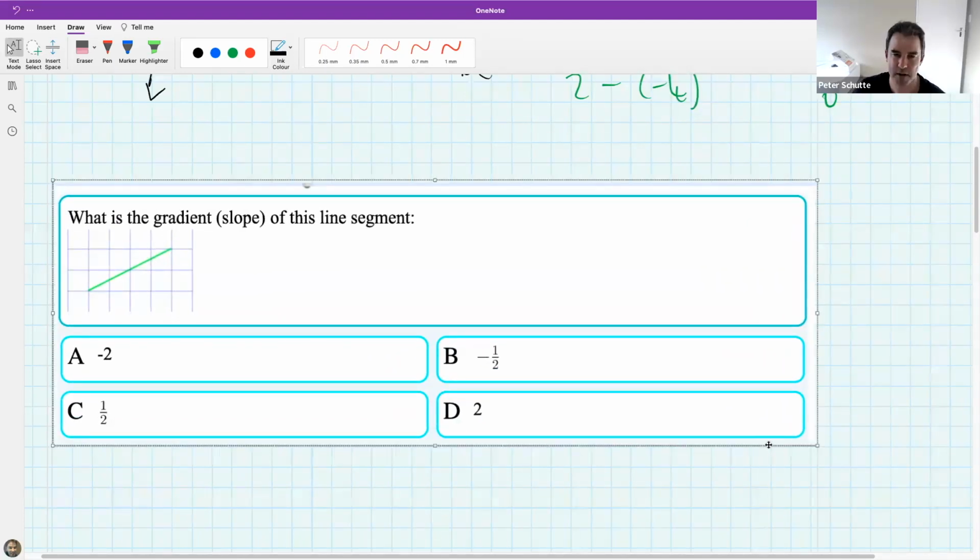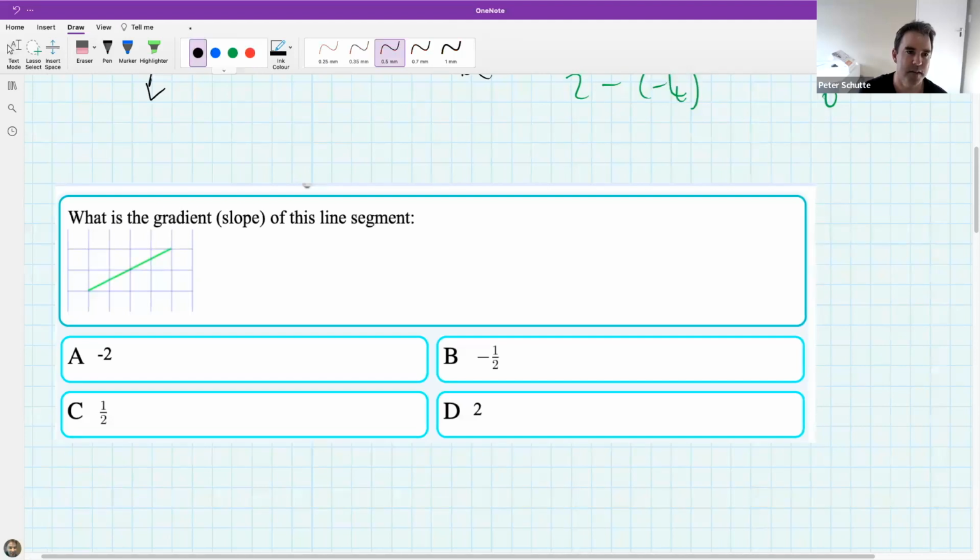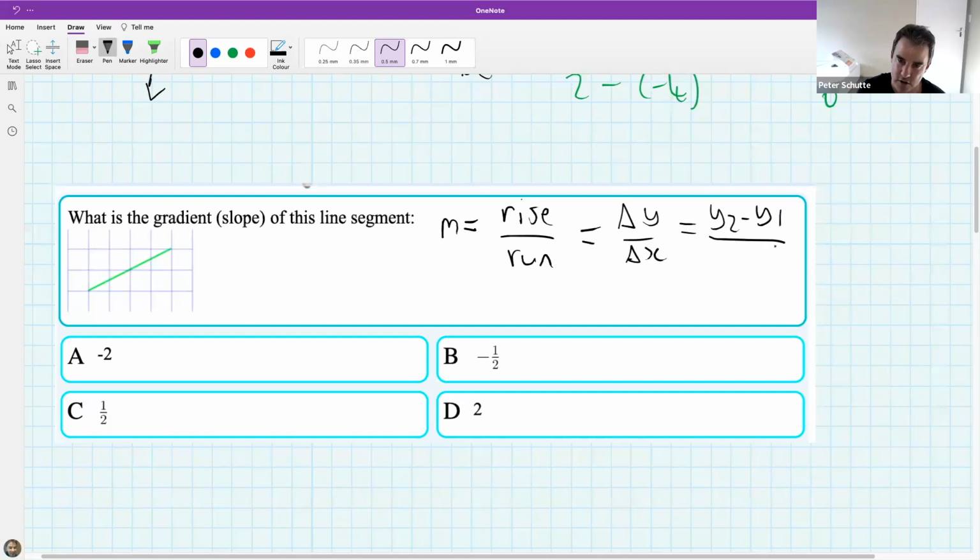M can also be rise over run. It could be the change in Y over the change in X, or it could be this formula that I was talking about. But that works better when you have a Cartesian plane.